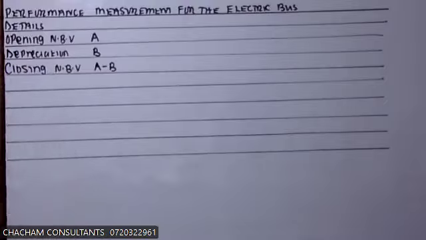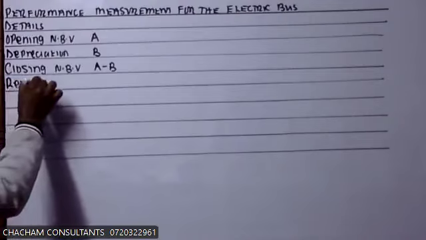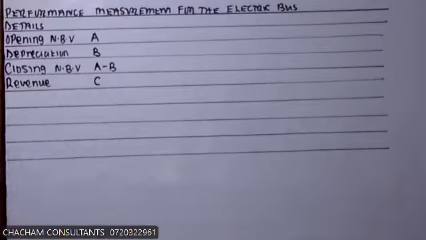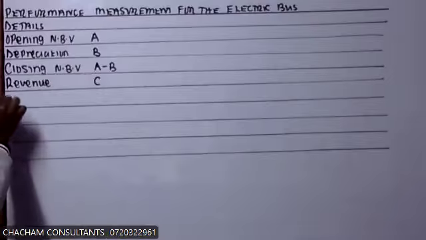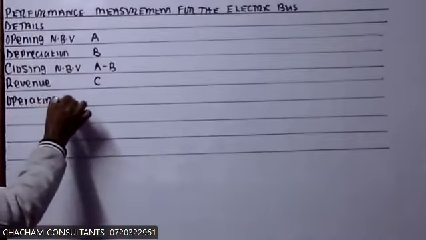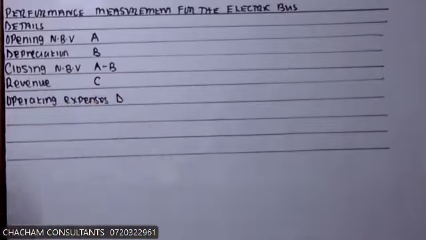So let's now bring the revenue. The revenue. Now this one we can call it C. We bring operating expenses, and we call them D.